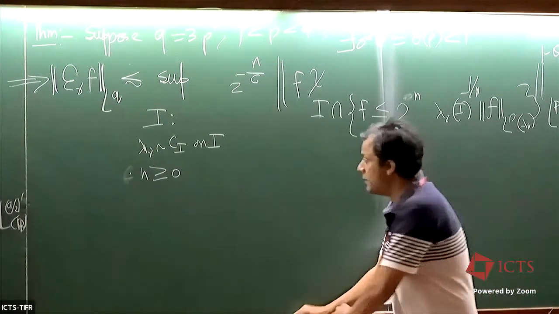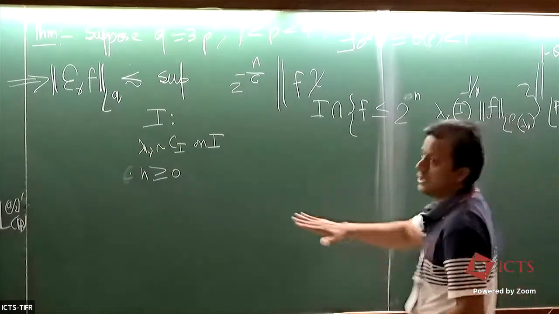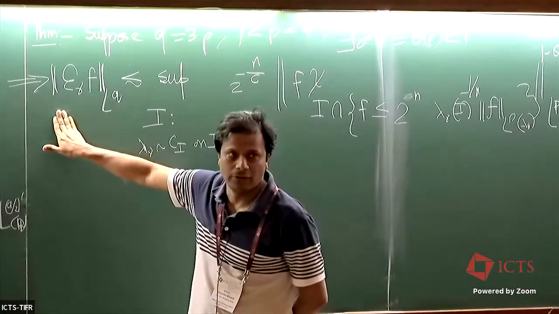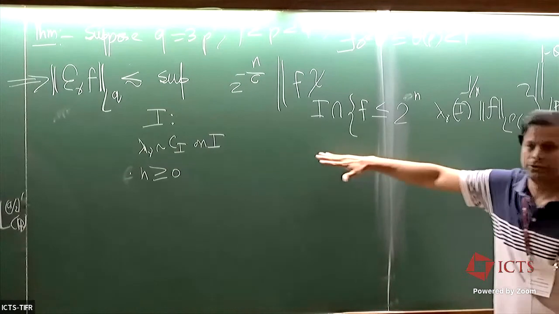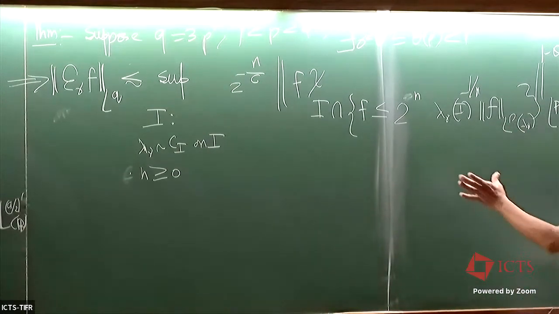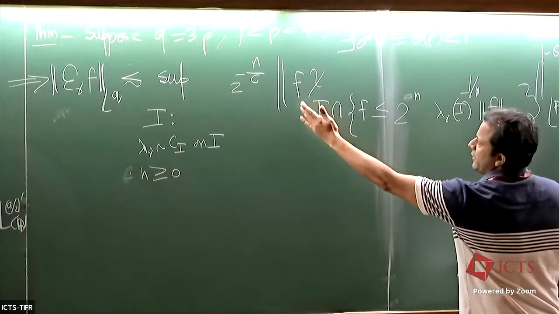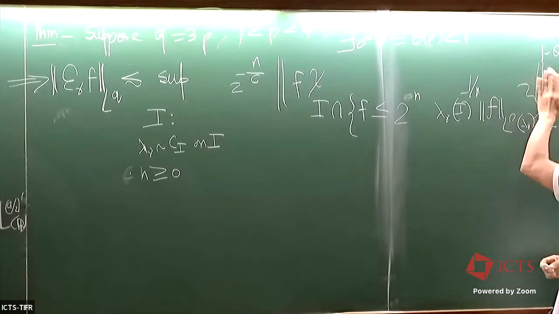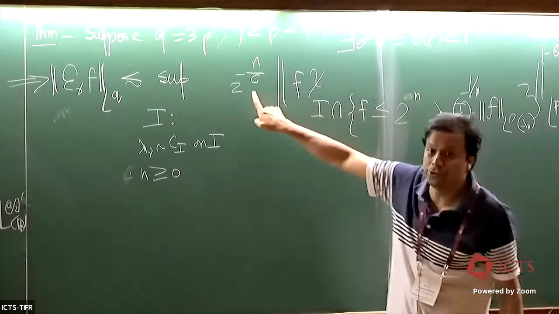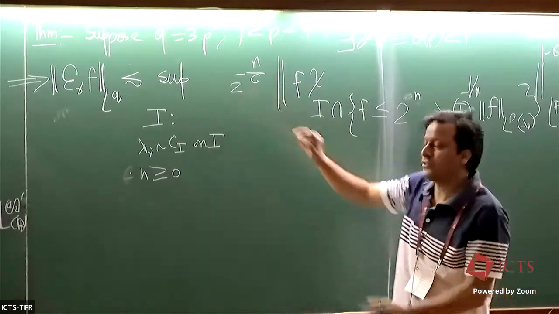That if, now imagine that this is large, right? This is close to large, and there is an interval on which this is large, which means I can replace this piece: if we restrict f to that interval, where f is not too large, then this has a lot of L^p mass. Remember, as n goes to infinity, this goes to 0. So we can assume that n is bounded.